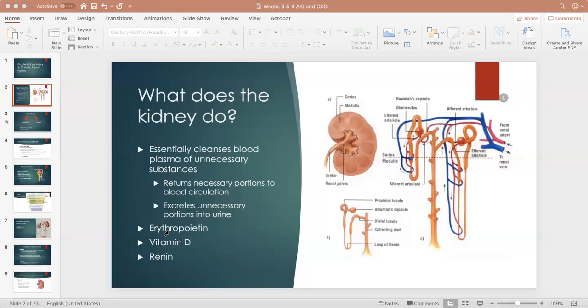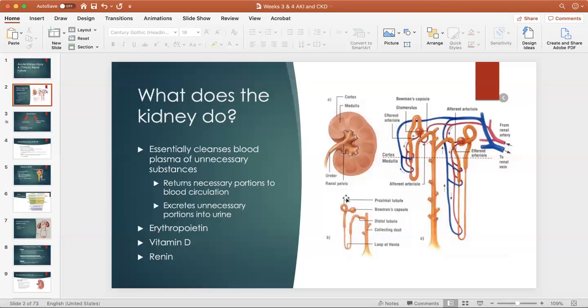Okay. So let's talk about what the kidney is made up of. I don't think you need to worry about all these different layers, so I'm not going to go through them. But basically it's made up of millions of cells called nephrons.